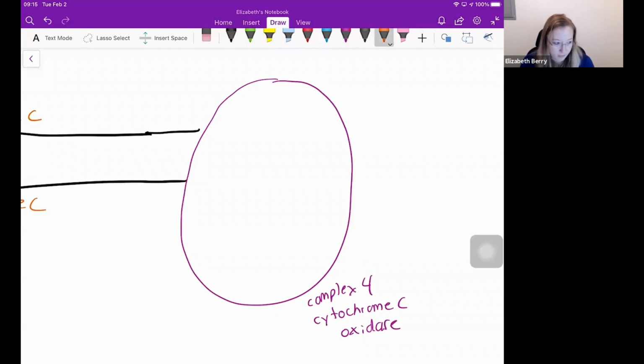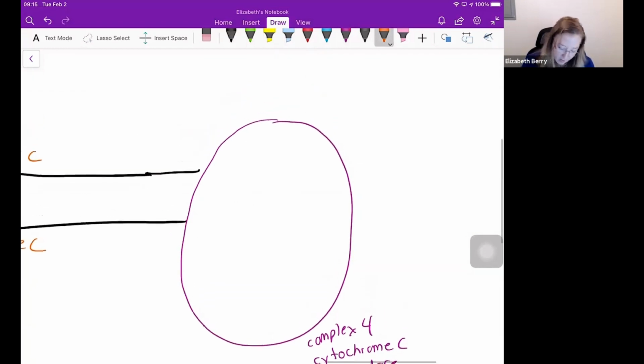So what do we have? We have cytochrome Cs that have electrons on them. We need a total of 4 cytochrome C. Okay, that's 4 electrons, a total of 4 electrons, because each one can only carry 1 electron.